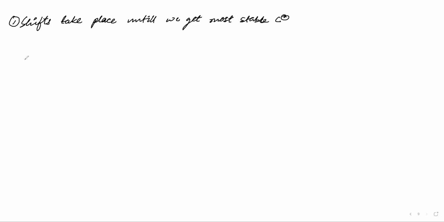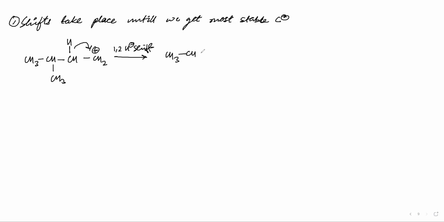For example, if I have something like this: CH3 bonded to CH3, then there is CH2, then there is CH2, and then a positive charge. So what happens if there is a migratory shift here? This H, which is bonded to CH2, I can write as H here. This H shifts, so I will write 1, 2, H minus shift, and this will be CH3, CH. Now this will be CH and CH3 with a positive charge, and here there is CH3.